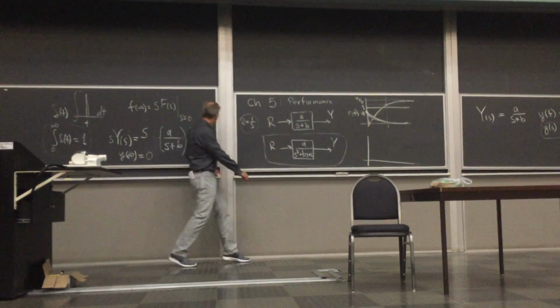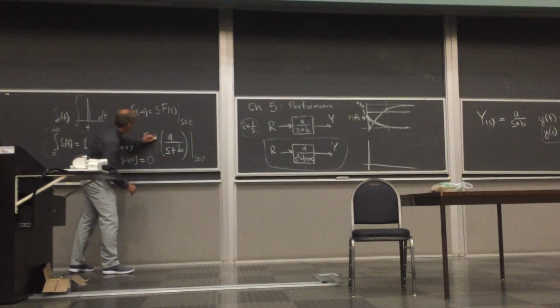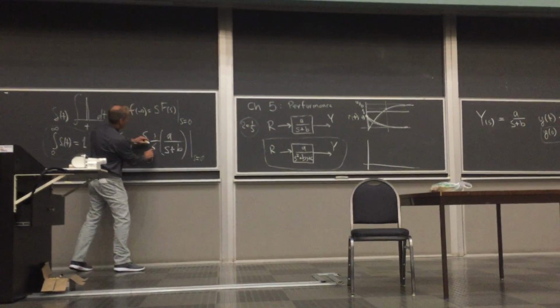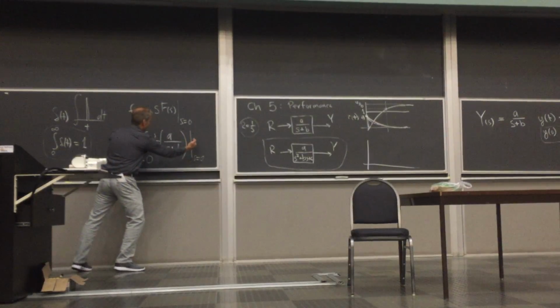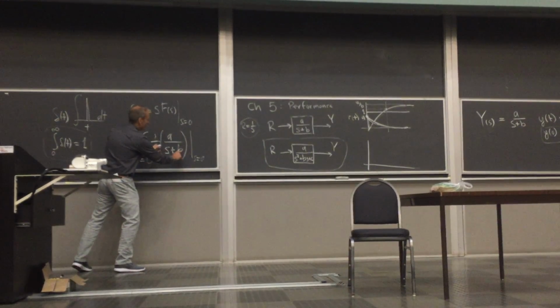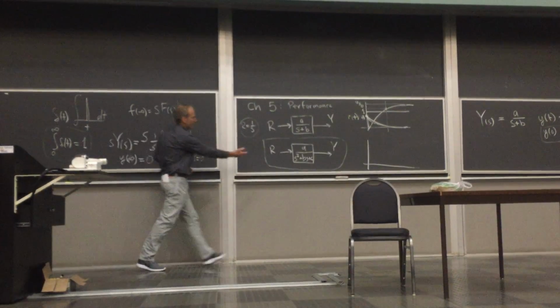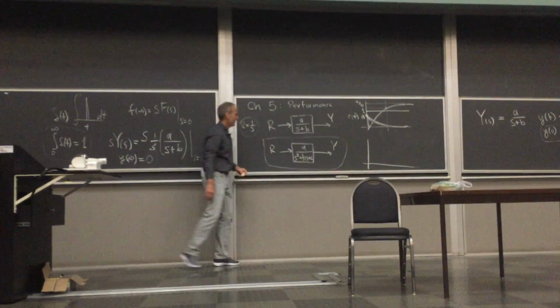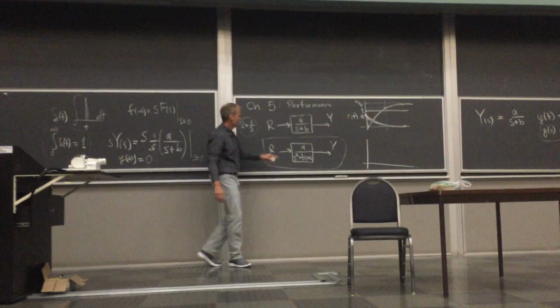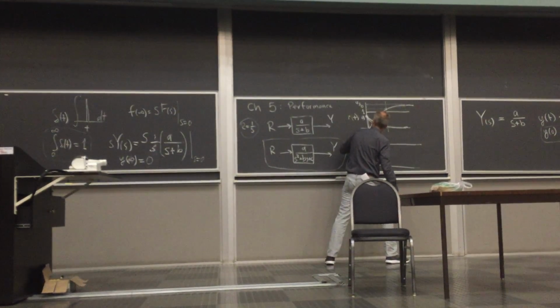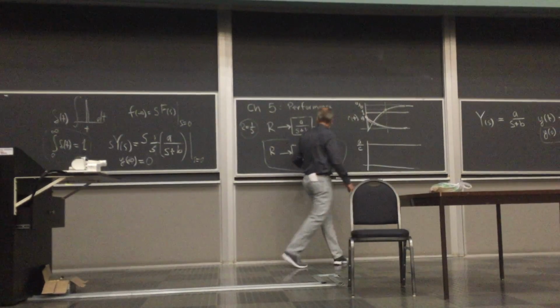Well, it's going to be like before. The 2 s's are going to cancel out. You do this, and it's s times whatever y is, except now in the denominator you have the second order thing. These two s's cancel out, so what do you get? Final value. A over C, right? So that's the final value of y. The steady state value of y in that case is A over C.